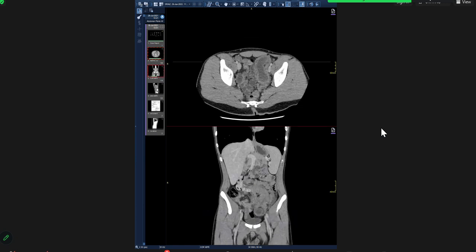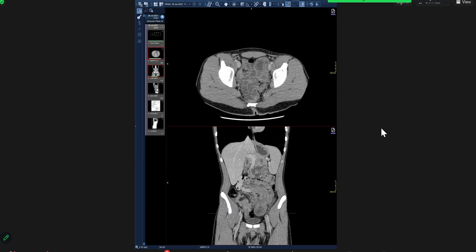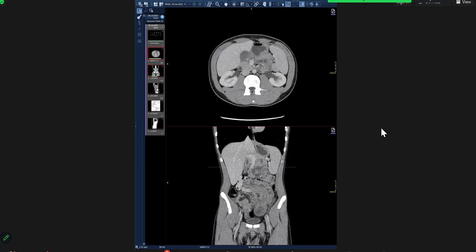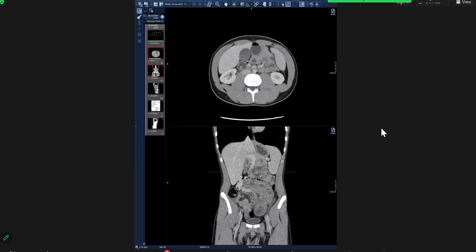So I think it is an intussusception, and I'm looking at the lead point. This lead point has a lamellated appearance. I'm thinking it could be a gallstone as well. However, there is no adjacent bowel obstruction.